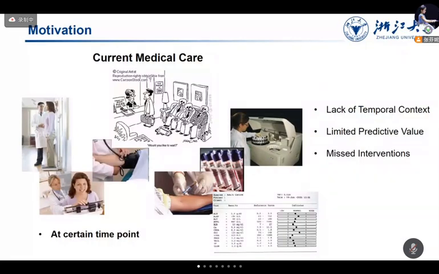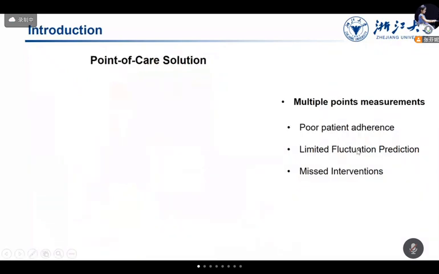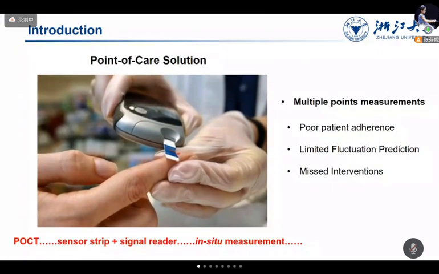So you can see the motivation, why we want to do the monitoring, why we want to do the wearable devices. It's basically because in current medical care, what we detect is actually just one-point vitals, right? So it provides very limited value. And sometimes it gives us false positive or false negative results. Due to this problem, we have these point-of-care solutions. We have portable sensors here, and we can achieve multiple points.